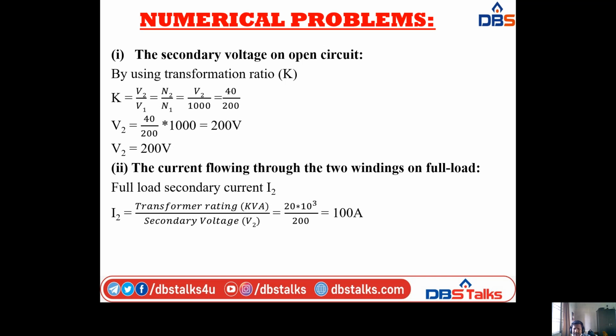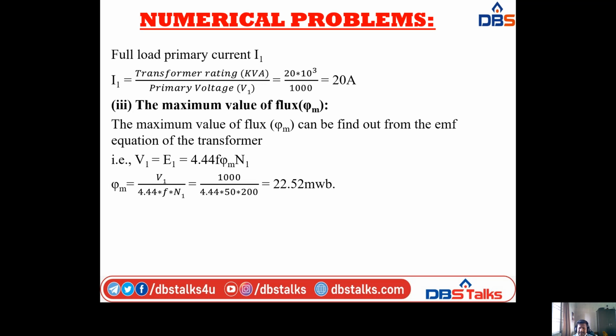Therefore the value is 100 amperes. I2 is 100 amperes. Similarly, the full load primary current I1 is equal to the transformer rating divided by the primary voltage V1, that is 20 into 10 cube divided by 1000. So that is equal to 20 amperes. Now we have determined the secondary voltage, and the secondary current as well as the primary current.